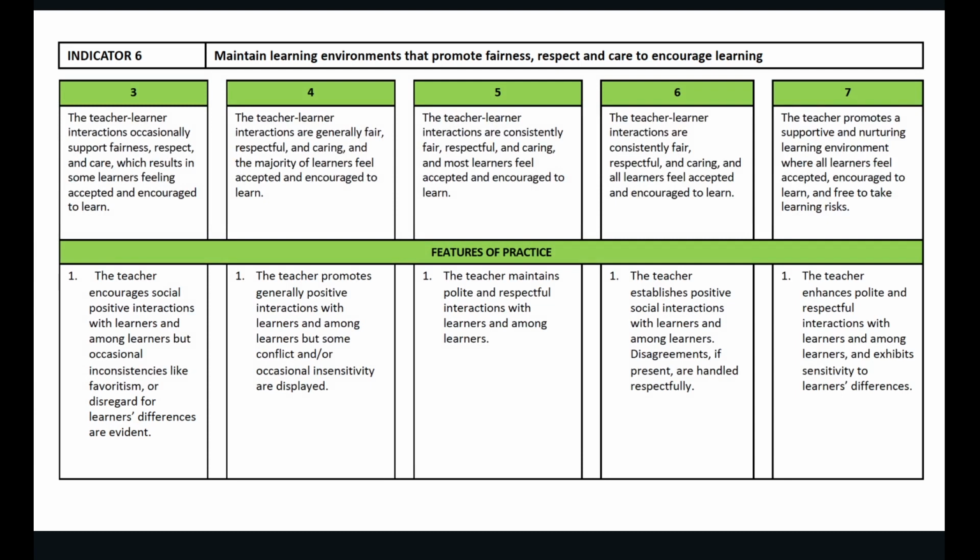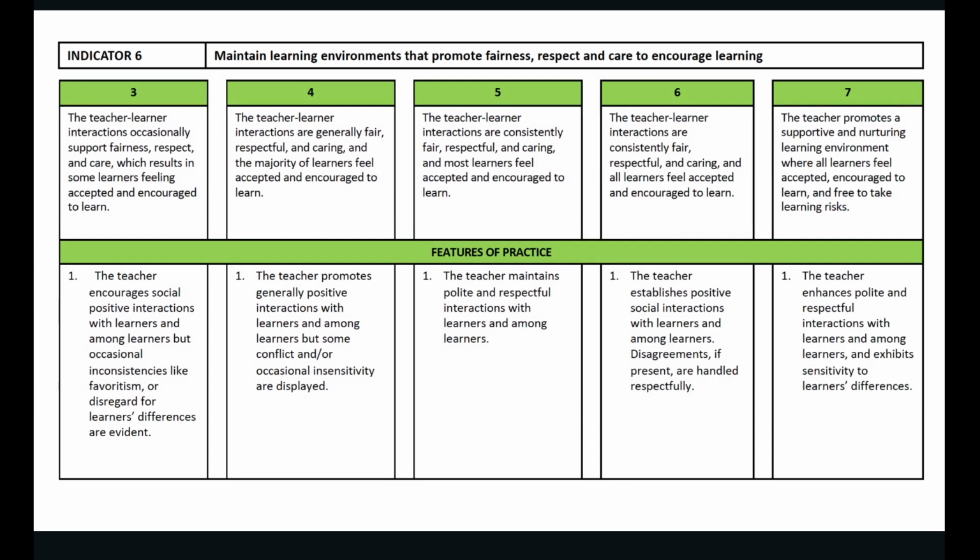Here, the teacher maintains polite and respectful interaction with learners and among the learners. For number 4, most of them meant just 50% up. But for 5, it is approaching 100% who feel accepted and encouraged to learn.